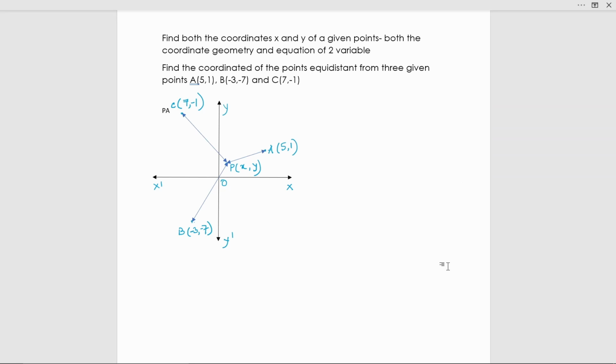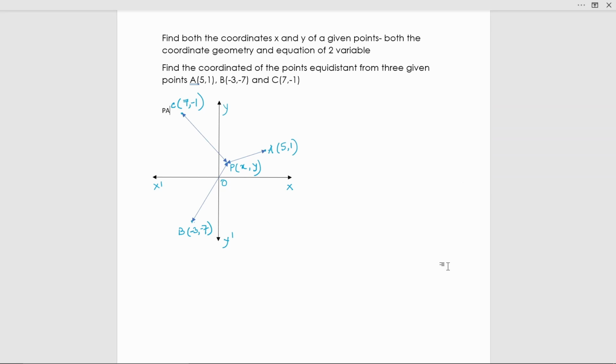Now our second important point is to find both the coordinates x and y of a given point. Here we'll be using equations of two variables. So let's take the example. Find the coordinates of the point which is equidistant from the three given points A, B and C, which are given by the coordinates as shown in the figure.